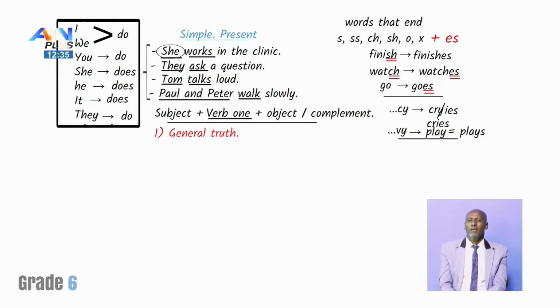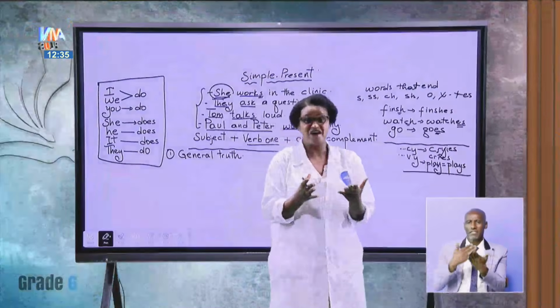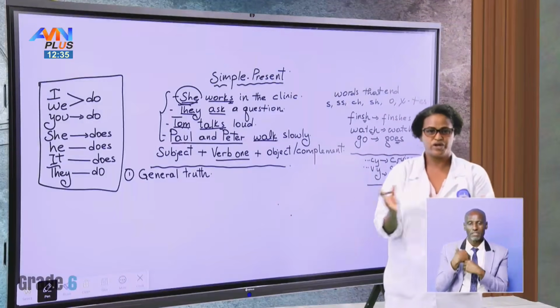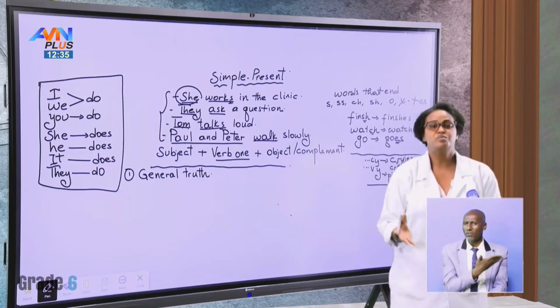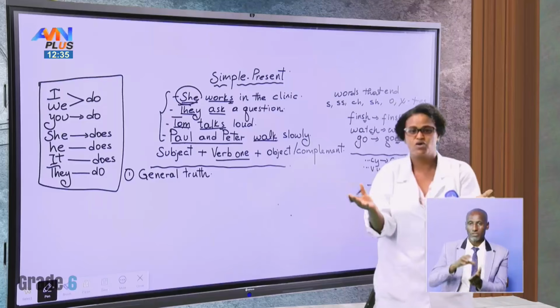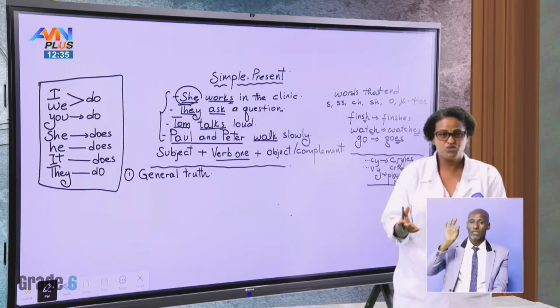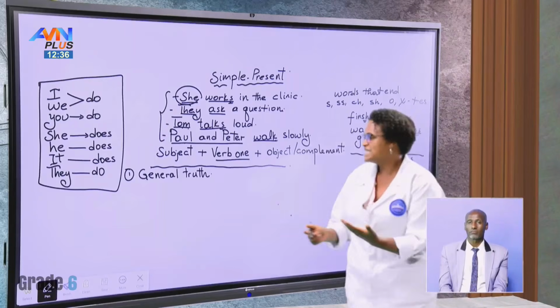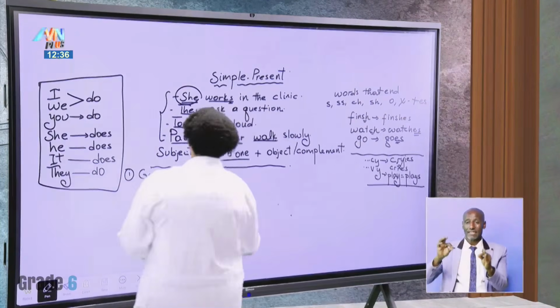What do we mean when we say general truth? Which means a fact which is accepted everywhere you go. For example, when you mix hydrogen molecule with oxygen, wherever you ask or wherever you go, it gives what? Water. That's true, right? So such sentences are called general truth.